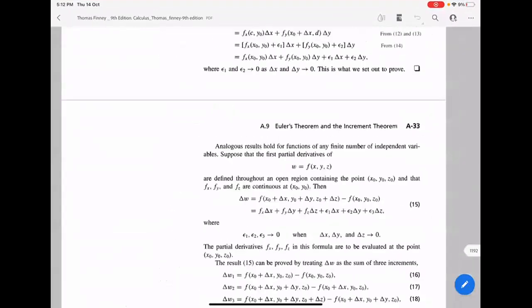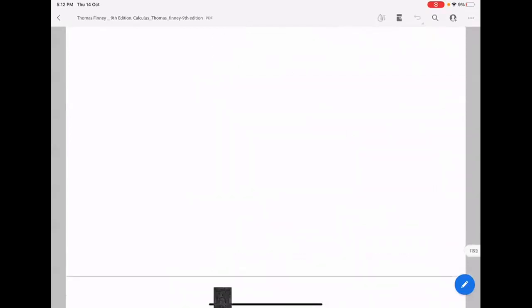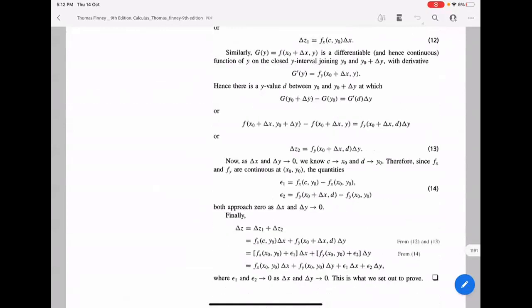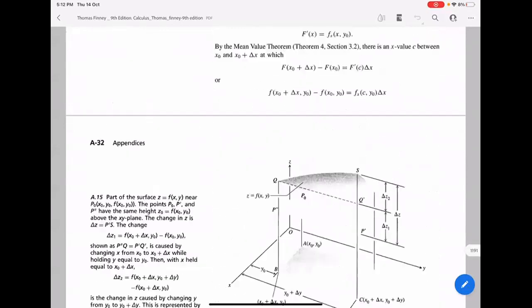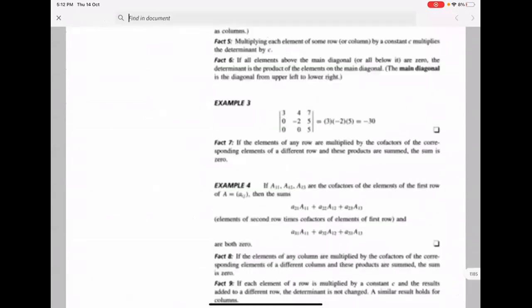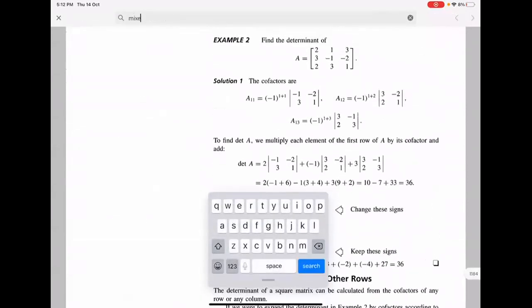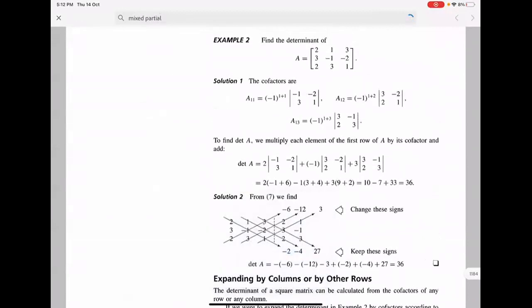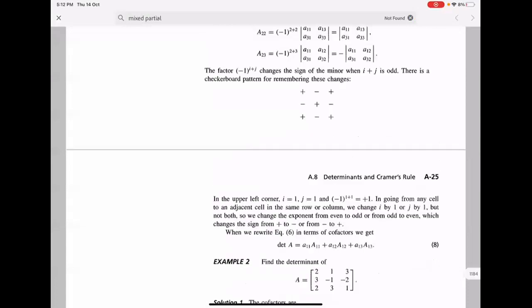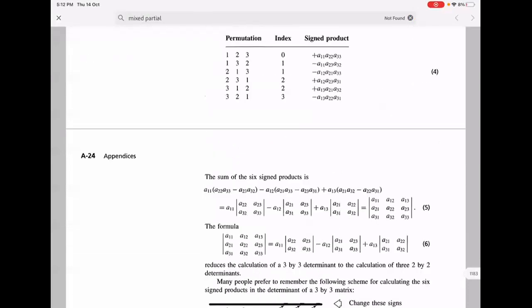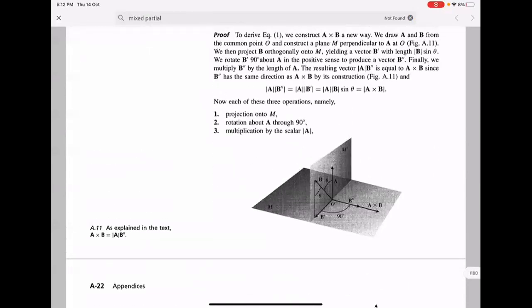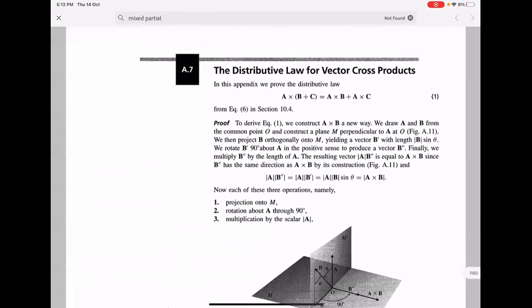It's written over the mixed partial derivatives questions. The question's heading is mixed partial derivative. Okay, I'm just trying, it is not working. It is not searching. So you can ask directly from WhatsApp, then I will let you know.